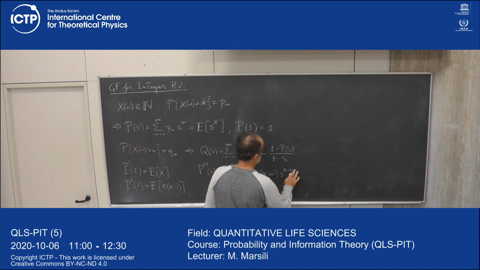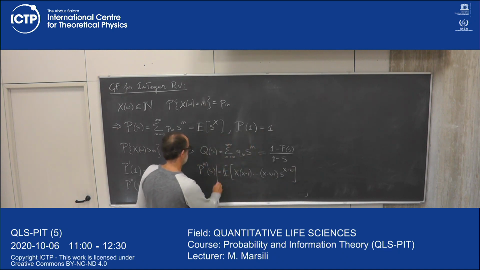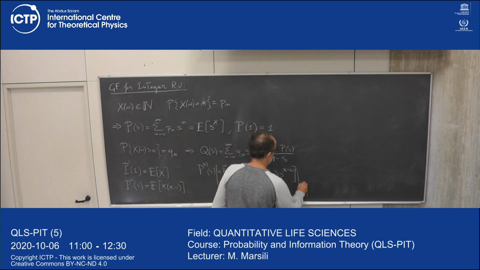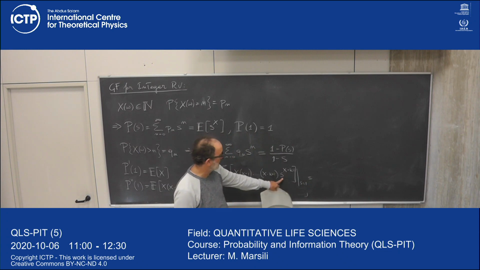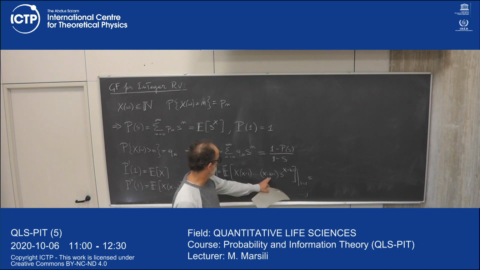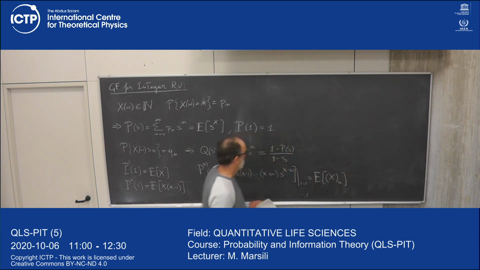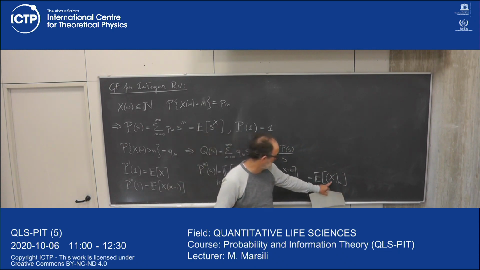And when you compute it at s equal to 1, then s to the x minus k is just 1, and what you get is just the expected value of this product here, which we call the k-th factorial moment.